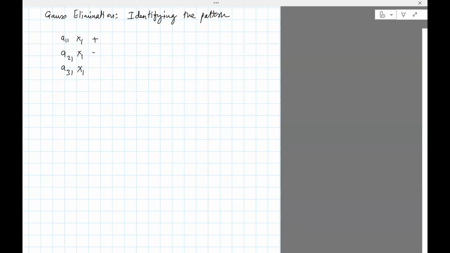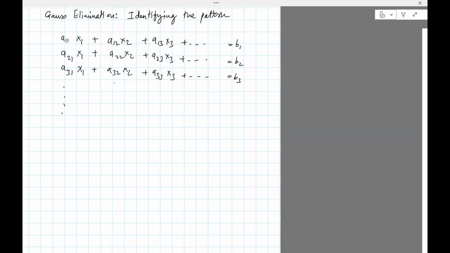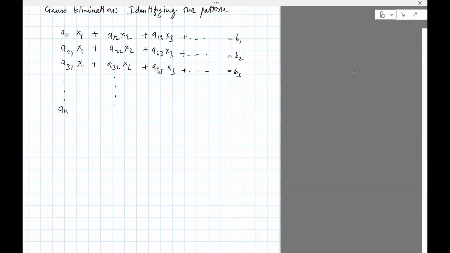We just use these grids to write it better. a12 x2, a22 x2, a32 x2 plus a13 x3 plus a23 x3 plus a33 x3 plus so on, b1, b2, b3, and then this just keeps going on till an1 x1 plus an2 x2 plus an3 x3 plus so on equals bn.